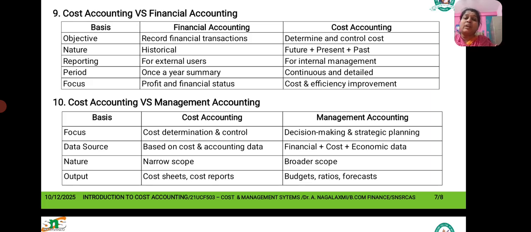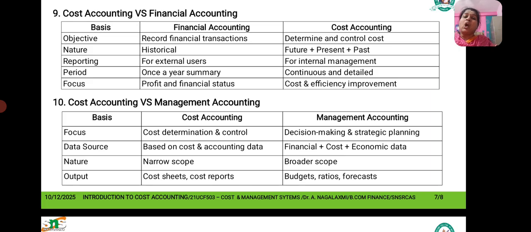The data source for cost accounting is cost and accounting data, but management accounting gets data from financial accounting, cost accounting, economic data, everything. Nature: the nature of cost accounting is narrow, but management accounting has a broader scope because it deals with all.